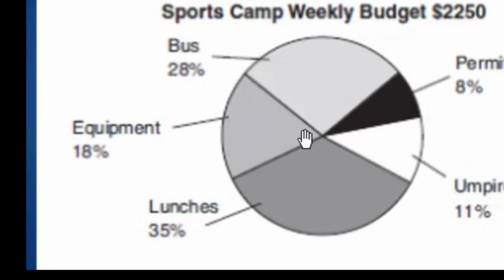So immediately we know that this circle represents this amount, $2,250. And then each partition, or each part, represents how much of that circle is going to whatever event or task, whatever you want to call it, that is assigned to each part, okay?